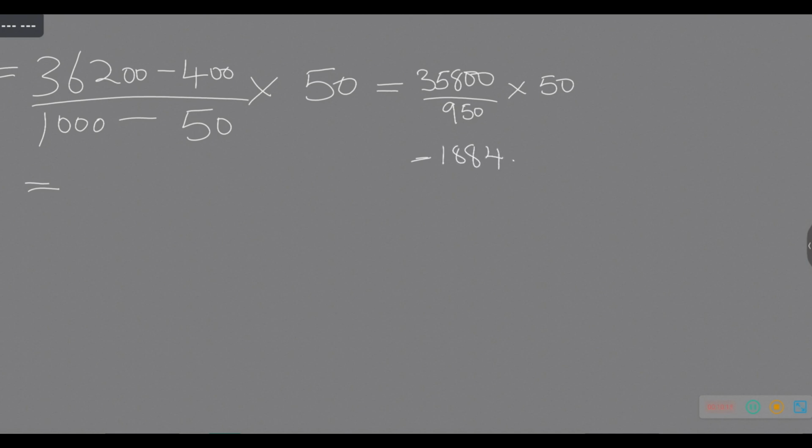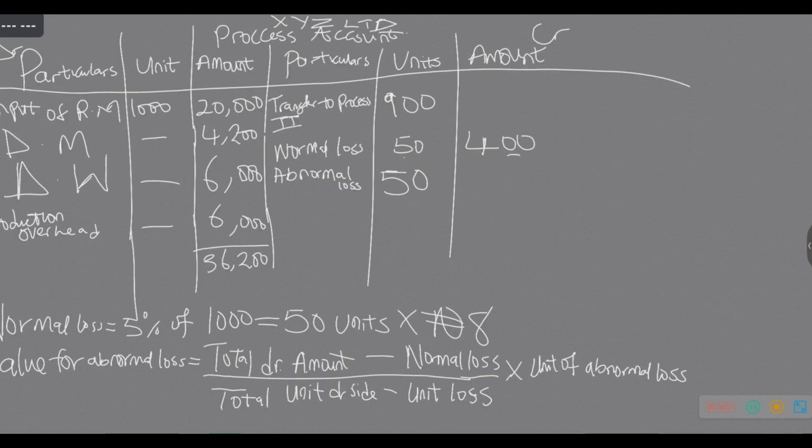That gives us 1,884 naira, 0.210526, approximately one. This will be the value for our abnormal loss: 1,884 naira.